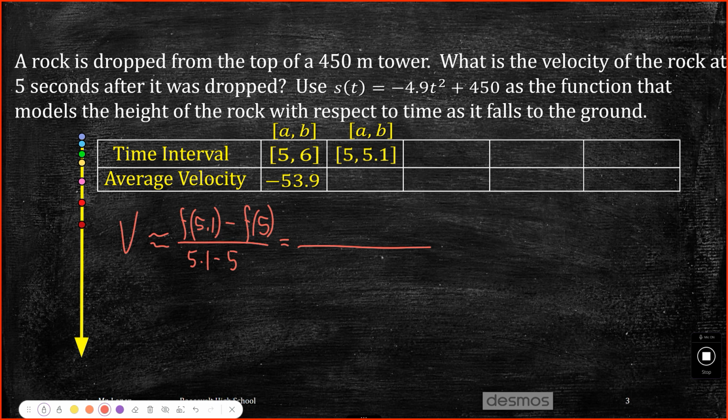Okay, so we're gonna round 322.6 minus f of 5 that we had already gotten, 327.5, and then it's gonna be 0.1 at the bottom. So go ahead and do 322.6 minus 327.5 divided by 0.1.